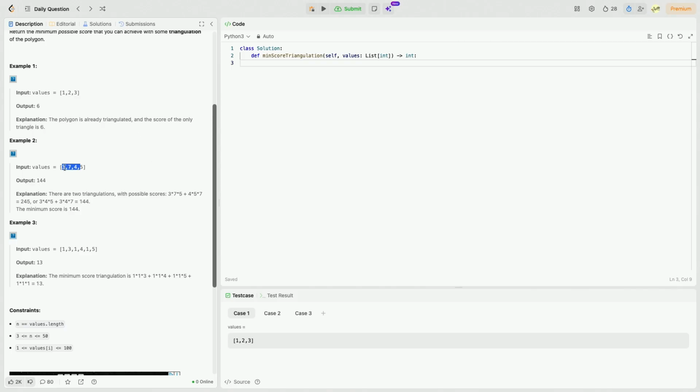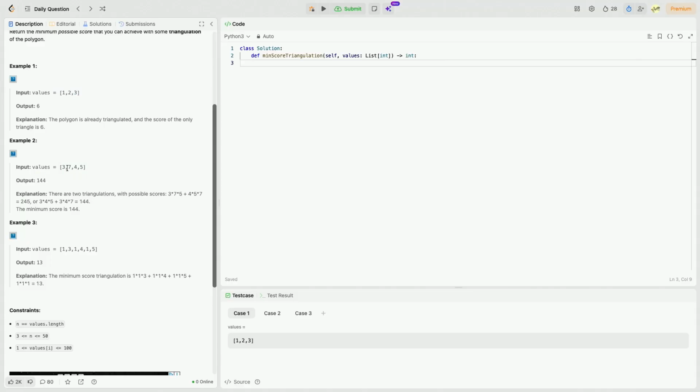See 3, 7. Why does it pick 3, 7, 5? Oh, is it that they pick those 3, and then we would have to pick 7, 4, 5? But it's a weird order, isn't it? The ordering isn't the same as in the input values array, so that's kind of confusing.